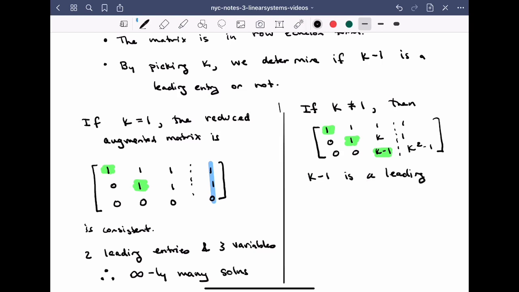So k minus 1 is a leading entry, since k not equal to 1 means that k minus 1 is not equal to 0.